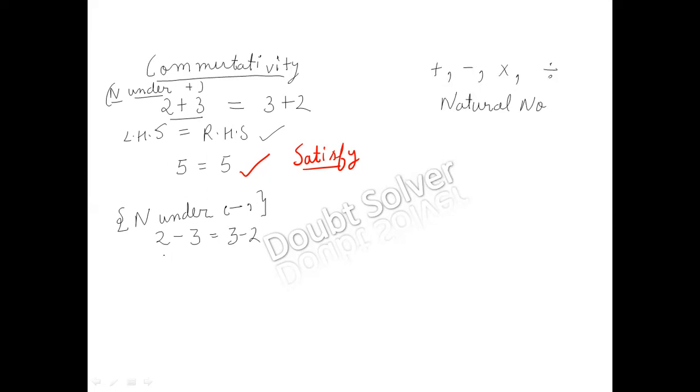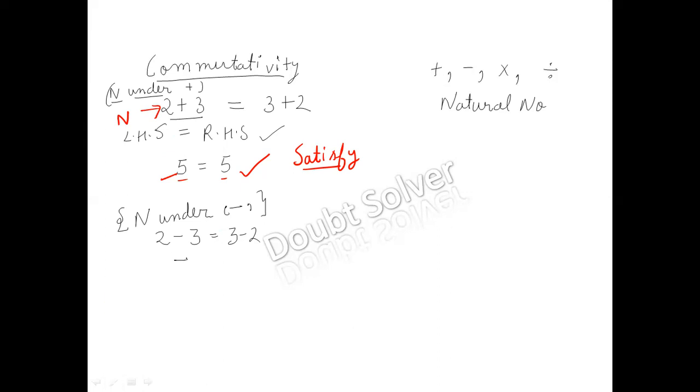Let's just find out the value on LHS. One more thing which I forgot to mention over here: both sides should be equal and they should belong to the same category. As we were earlier finding out, the input was a natural number and the output is also a natural number.